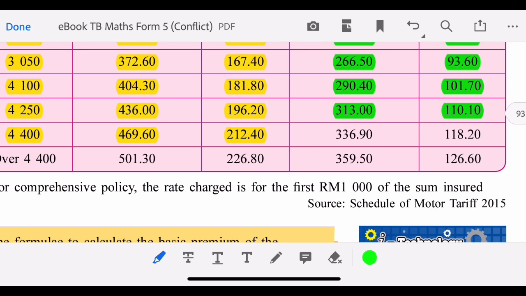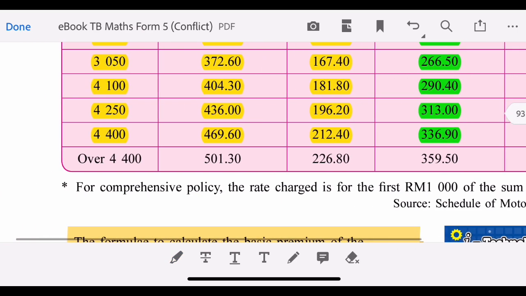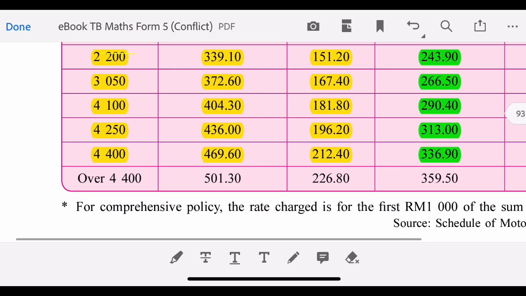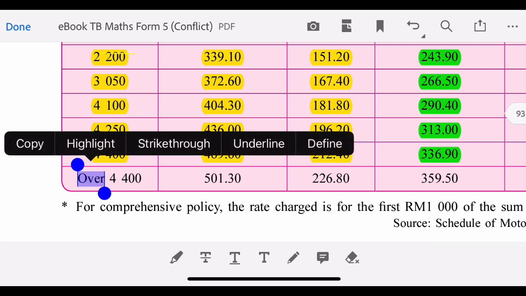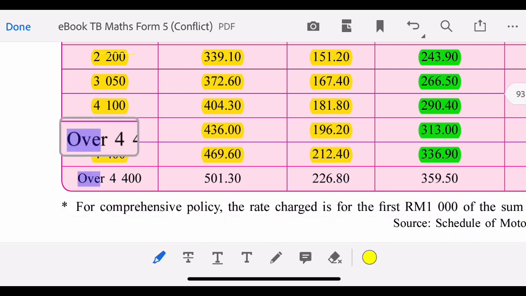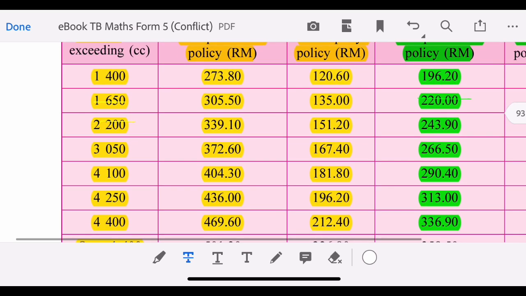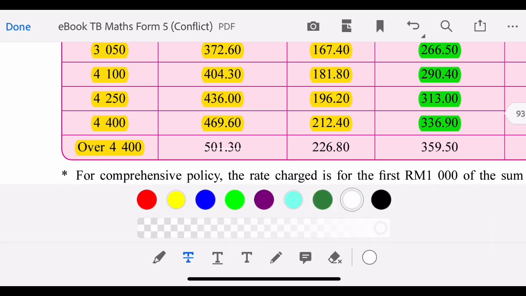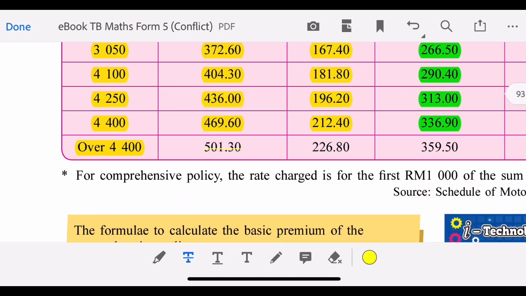For 4400 it will be 336.9 and 118.20. For the engine capacity exceeding 4400, the comprehensive policy will be 501.30, which is much more expensive due to higher engine capacity.